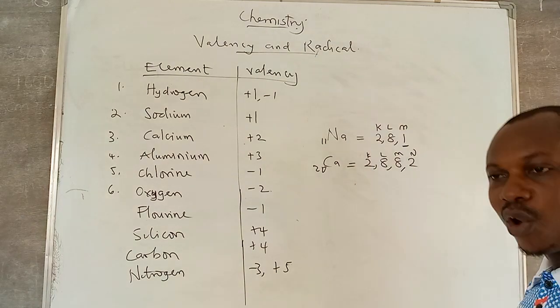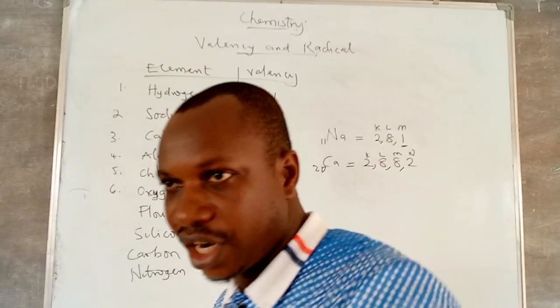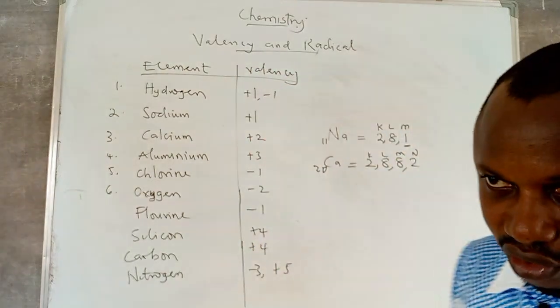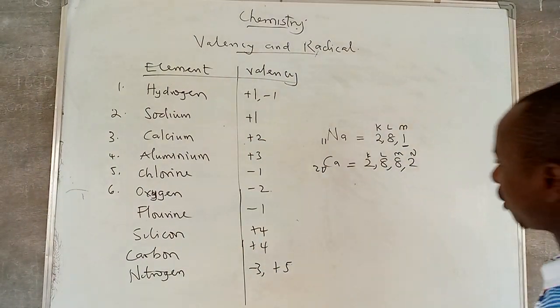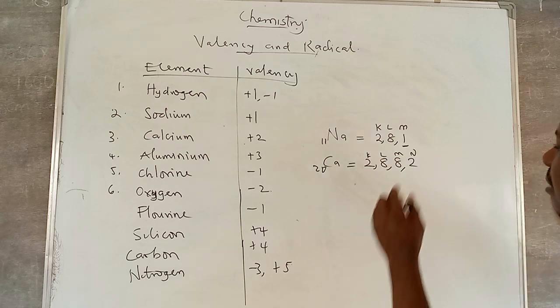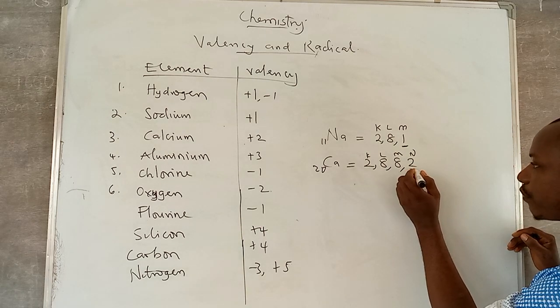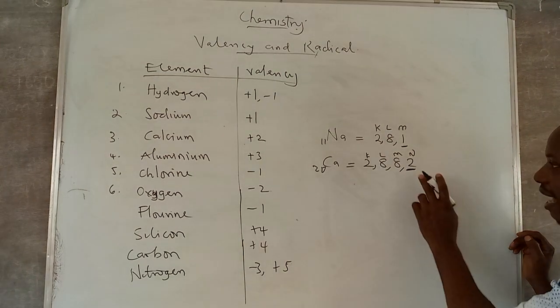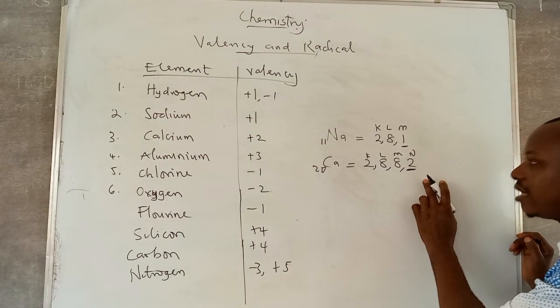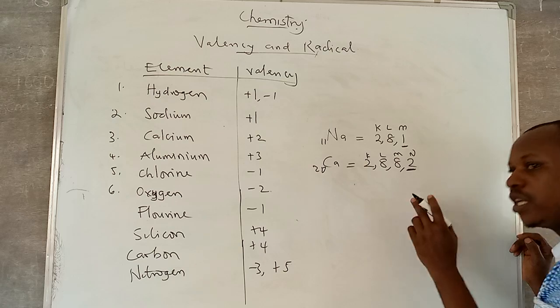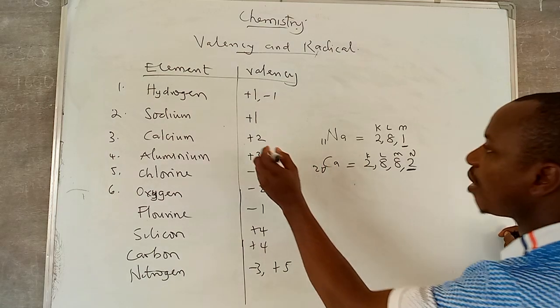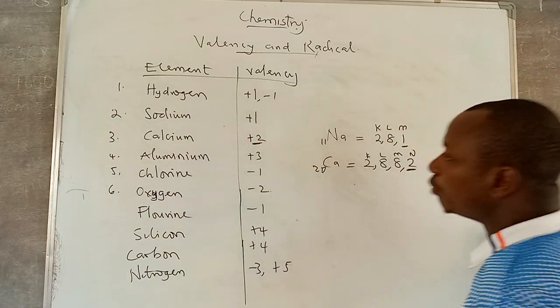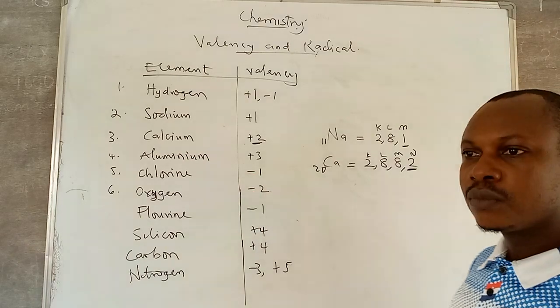But I have done electronic configuration in the sub shell, that is SPDF notation. So if you check down in my channel, you'll see it. Which means the outermost shell of calcium, how many electrons are you seeing there? Two electrons. That is to say that calcium can really lose these two freely. That is why the valency is what? Plus 2.